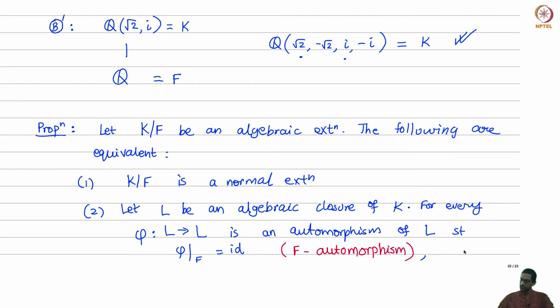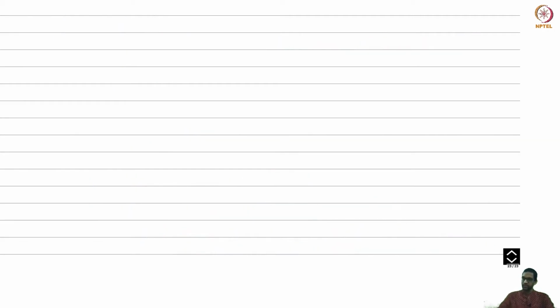So let me say for every f automorphism we have phi of k equals k. Every f automorphism of L always preserves k. That's the statement we want to make.